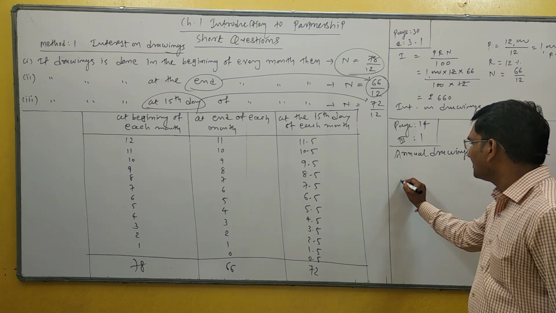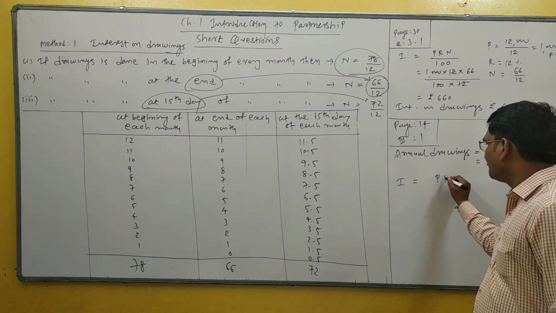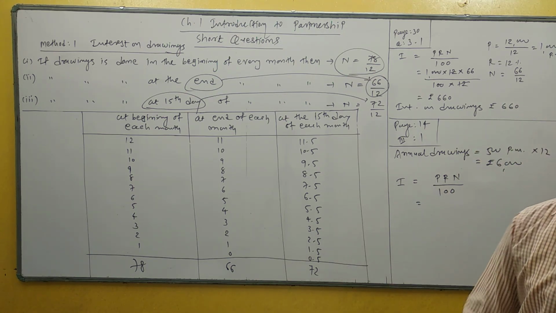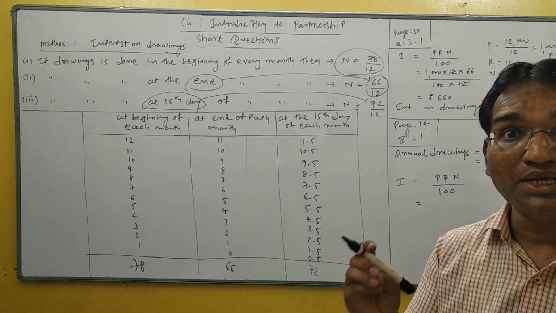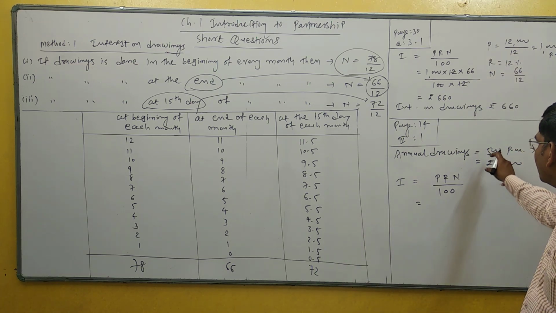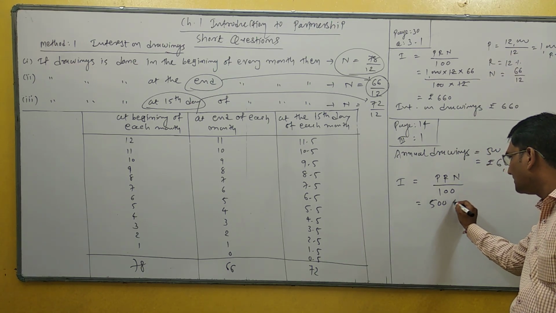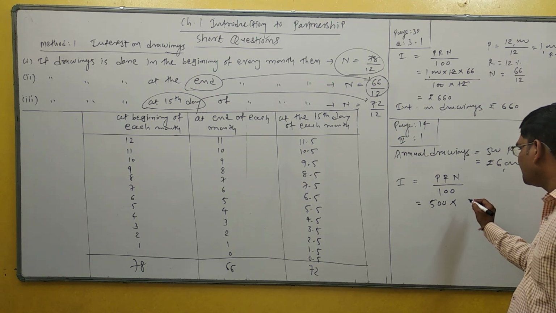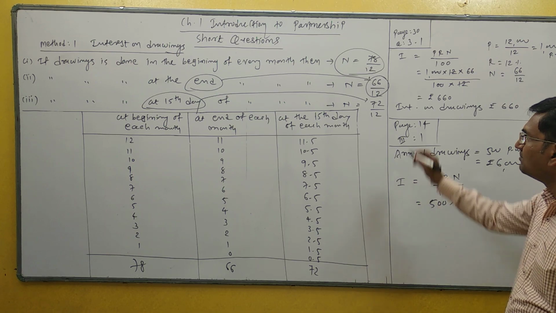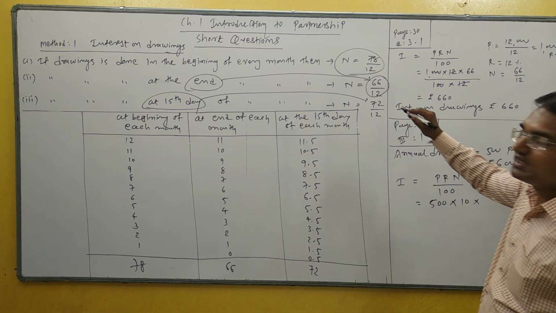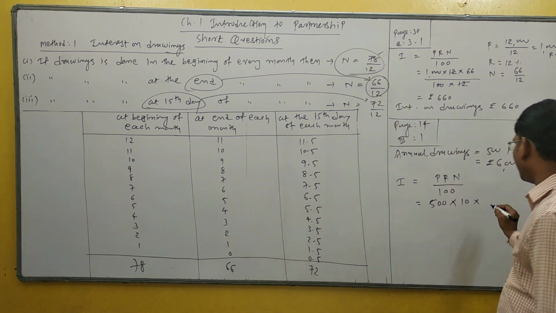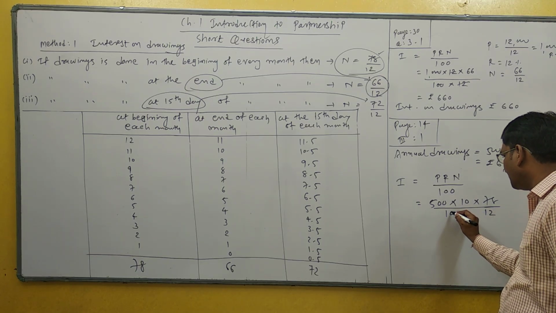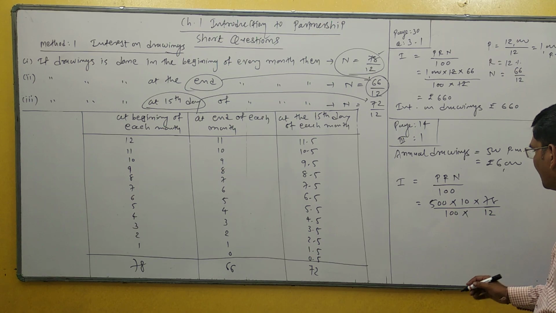So interest on drawing, I is equal to PRN upon 100. What is P? P means monthly drawing. Monthly drawing is clearly given in the example, 500. The rate of interest is given as 10%. So 10, and number of months. Beginning, so 78 by 12. 78 by 12. 100 into 12.